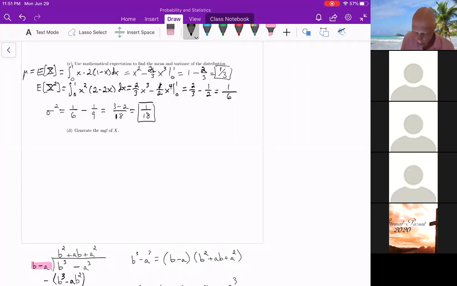Okay, so we are continuing with the last problem on this handout, which is to find the MGF of the PDF 2 times 1 minus x.